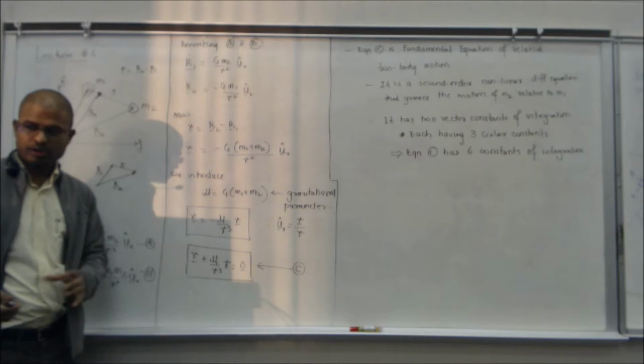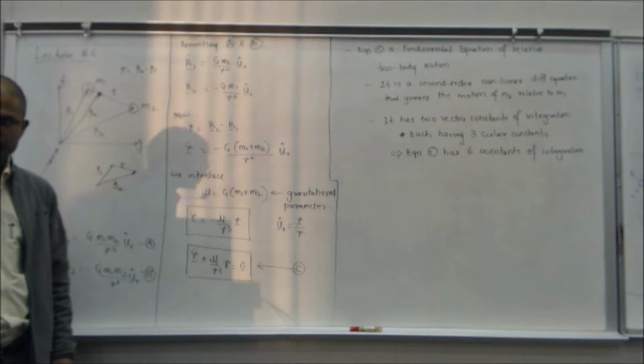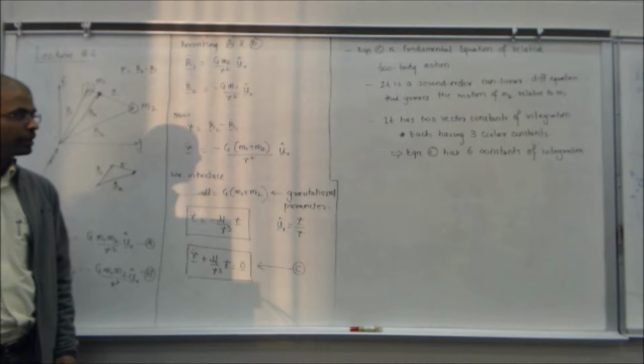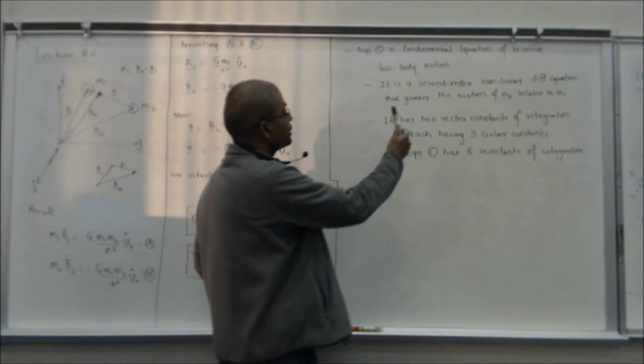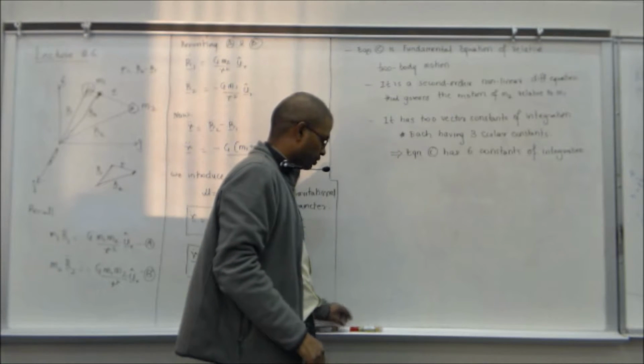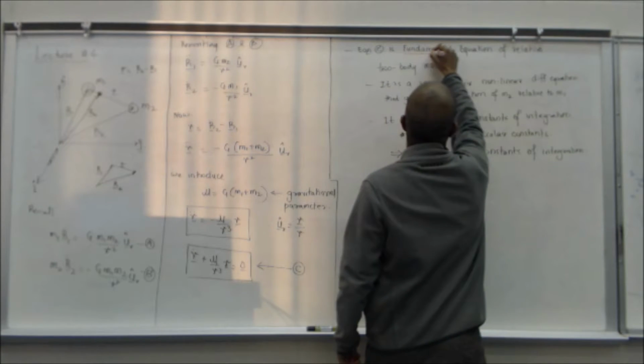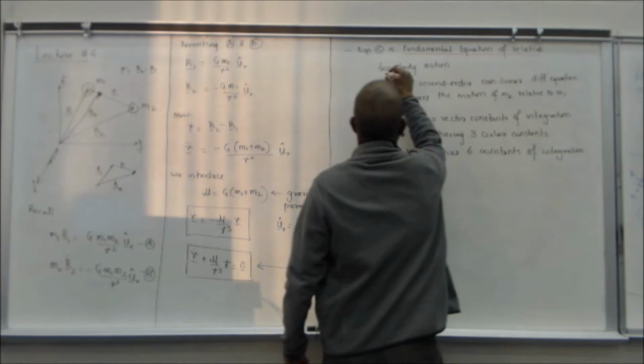What is your goal here? What do you understand the goal here is? Are we still proving that the center of mass is...? No, we are done with that. What is the goal here? So, for example, this fundamental equation of relative motion is the most important. This is all you're studying in this course, okay? Think about it like that.